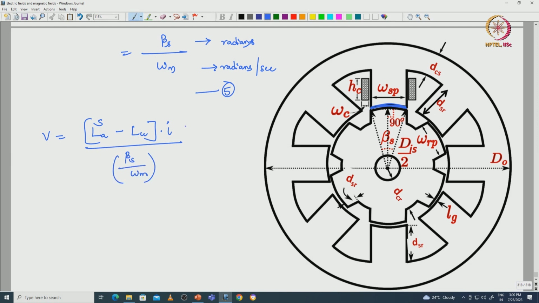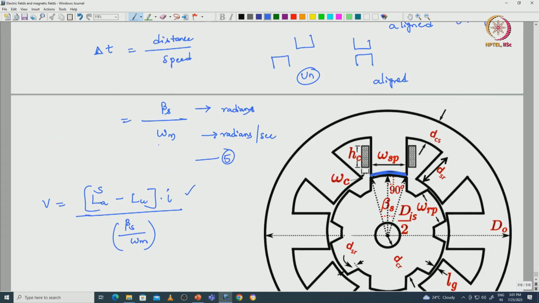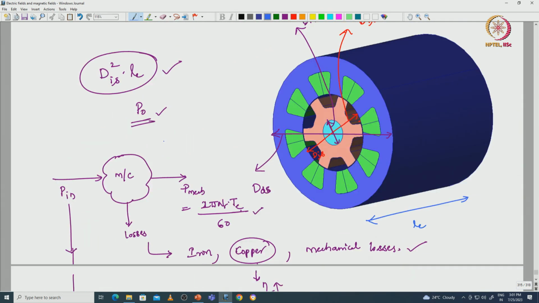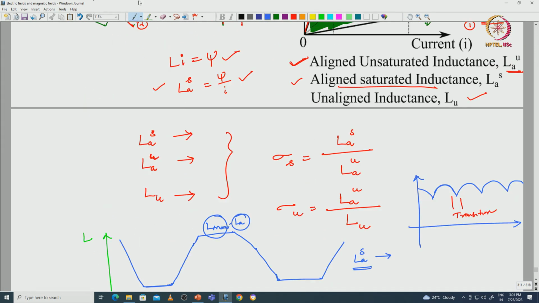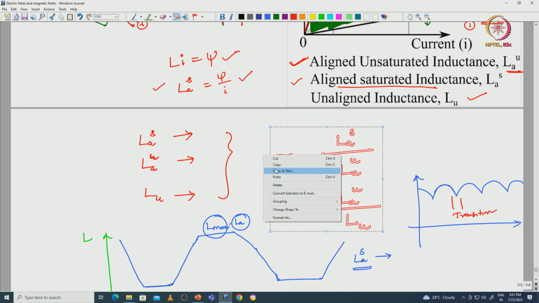This is time and the numerator is the change in flux linkages. Here we have already discussed the inductances with respect to the saturated and unsaturated terms. Those ratios we can see here. I am just copying these inductance ratios with respect to the saturated and unsaturated conditions.